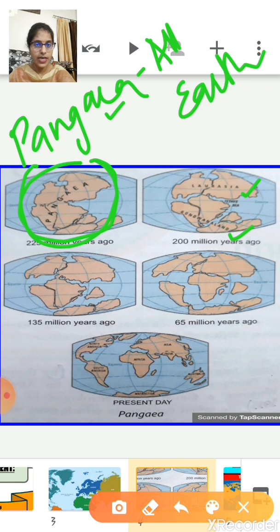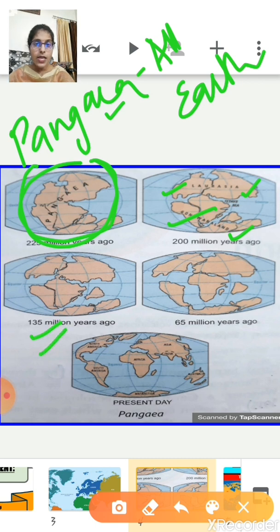The first one is Laurasia and the second one is Gondwana land. This happened due to the movement of tectonic plates. Laurasia and Gondwana land were further broken into more land masses, again due to the movement of the tectonic plates.